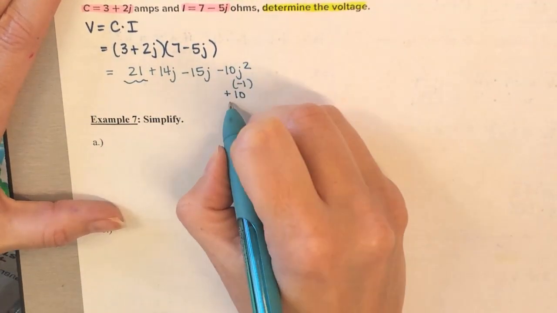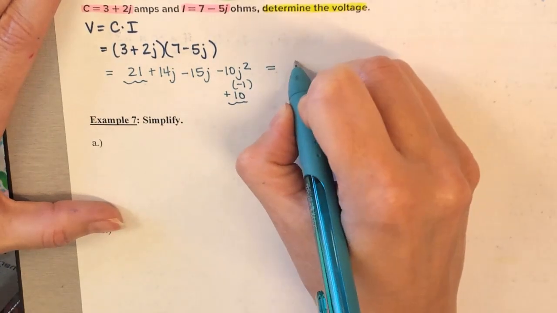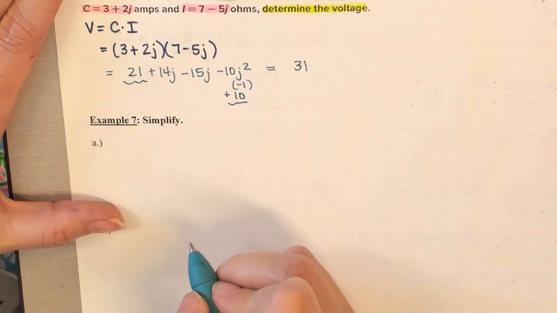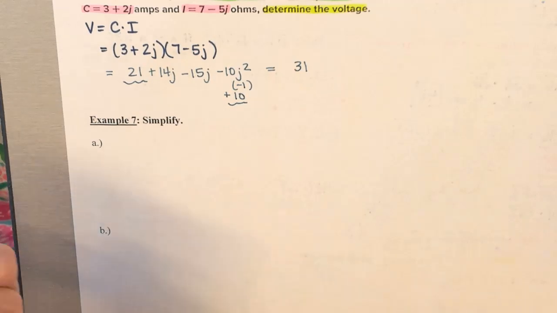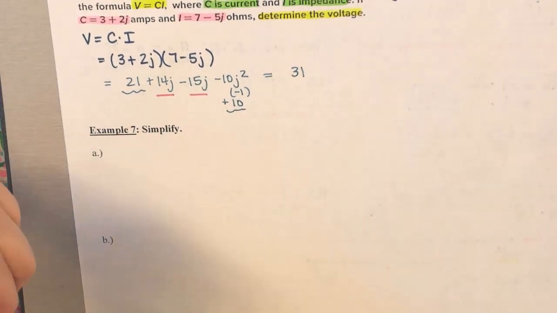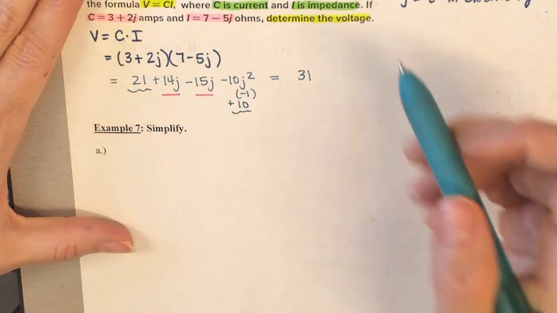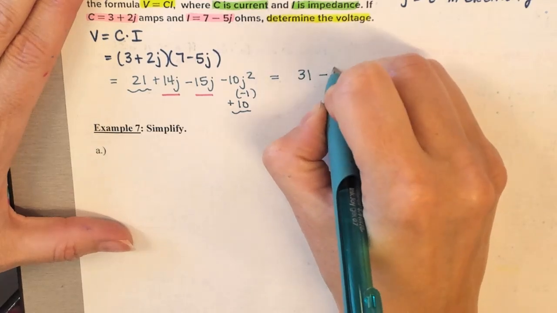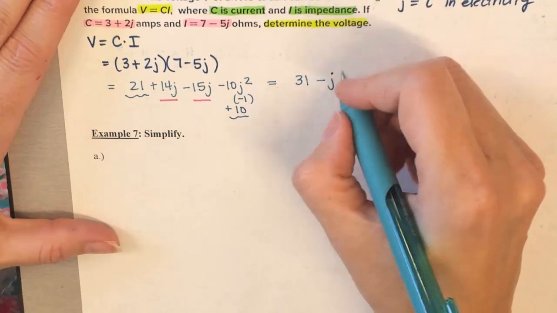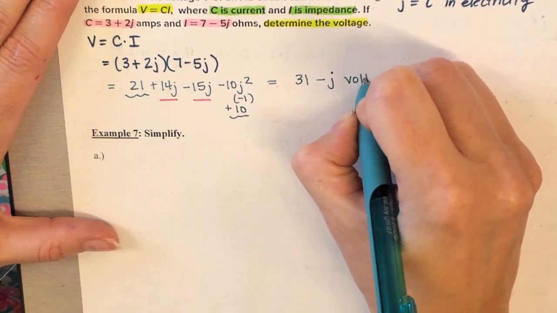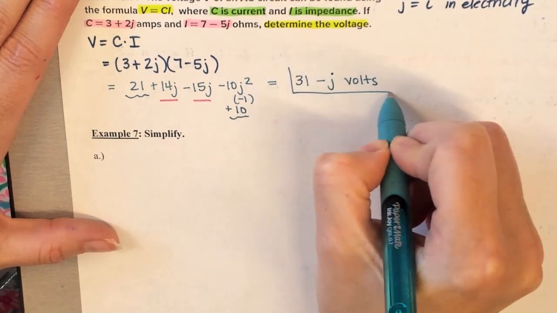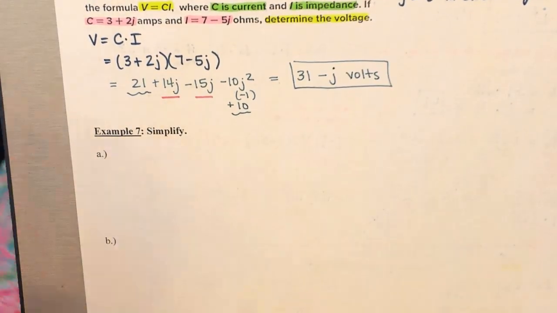Okay, so your like terms are 21 and 10. That gives you 31. What is 14J minus 15J? Negative J or -1J. And then we're determining the voltage, so this is going to be in volts. And that's your final answer.